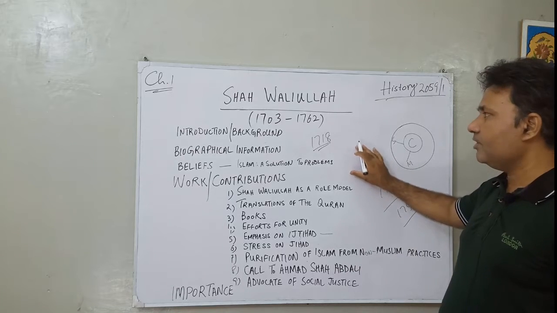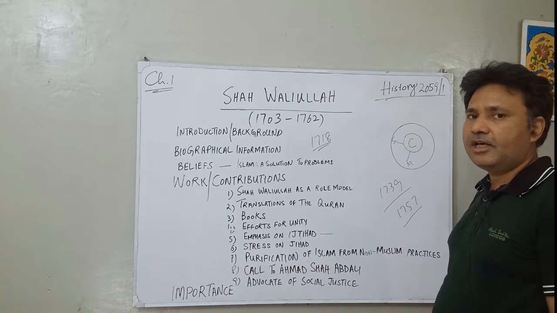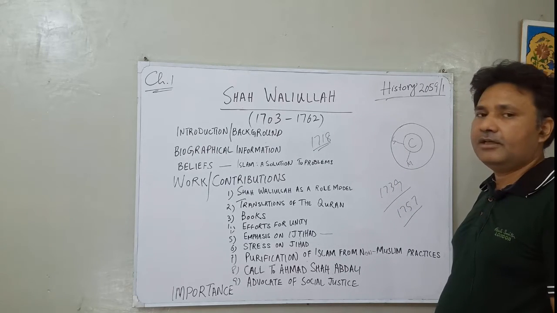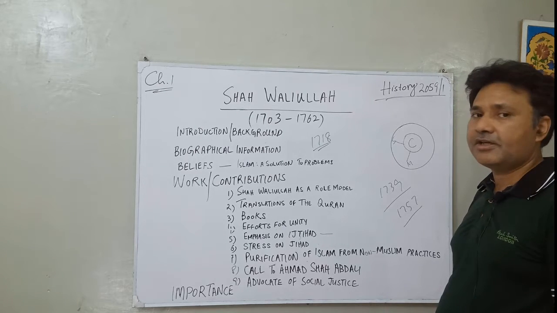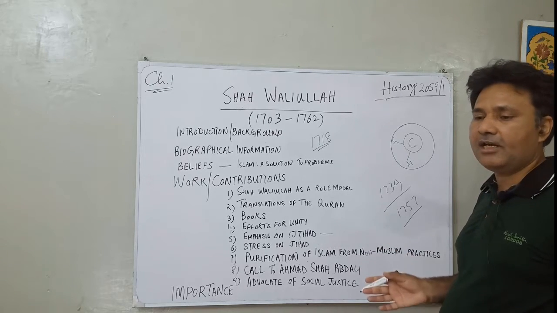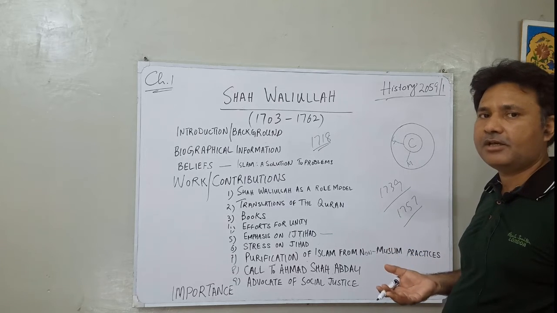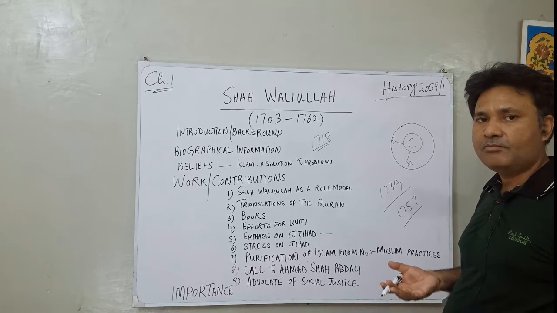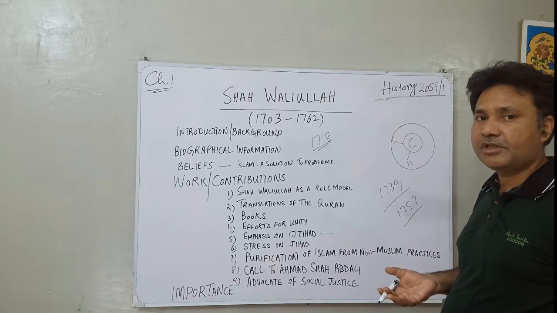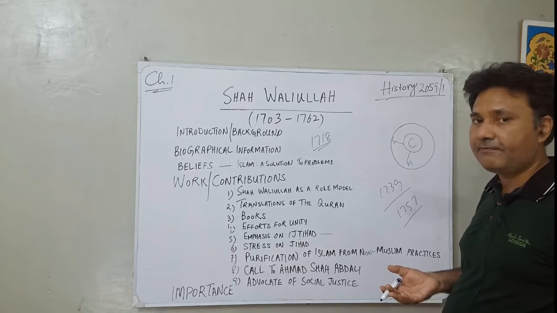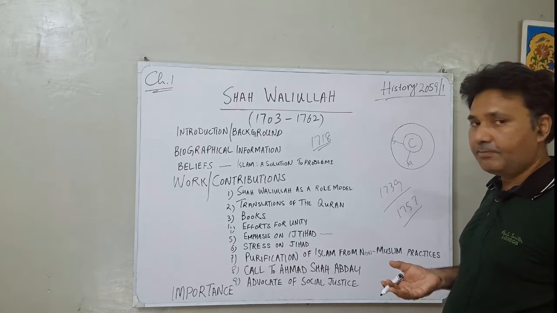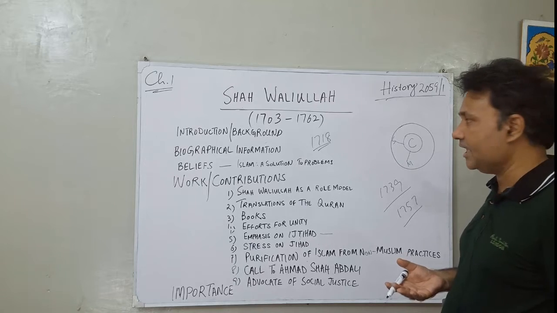While in Arabia, Shah Waliullah was very concerned about the deteriorating conditions of the Muslims on a global scale, and particularly he was very concerned about the fate of the Indian Muslims, because Indian Muslims were losing their political power in India.